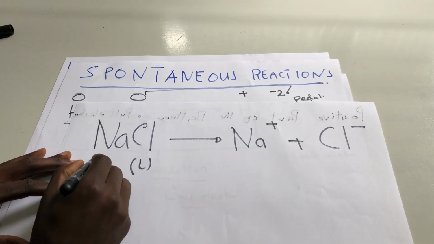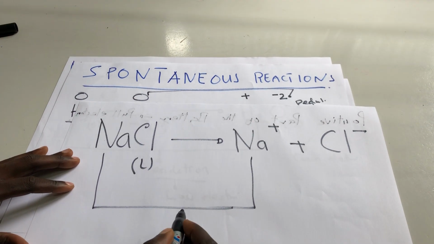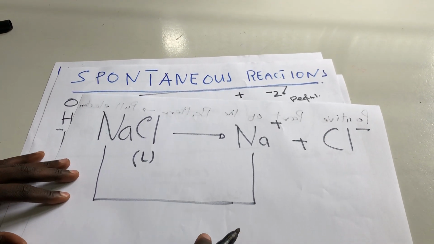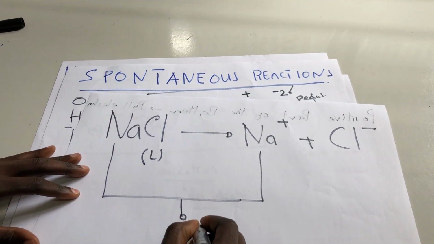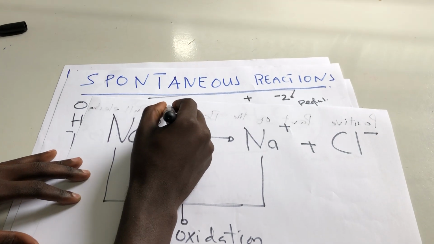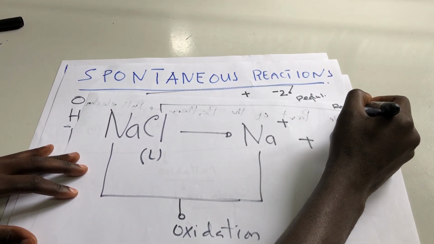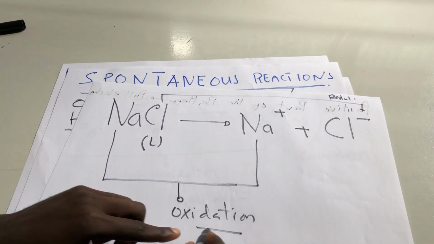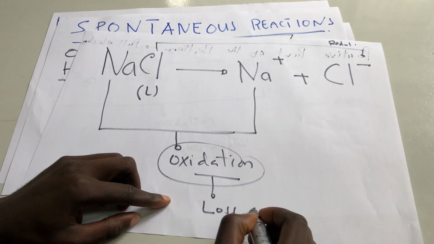So once you find the oxidation number, you will find that sodium undergo oxidation and chlorine undergo reduction, which means gain of electron. But sodium undergo oxidation, which means loss of electron.